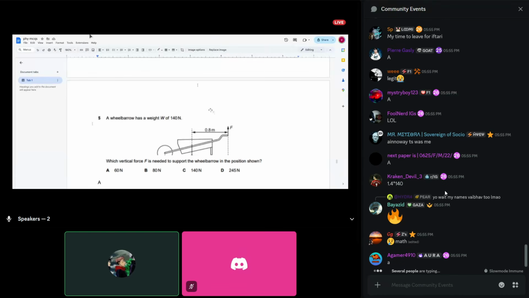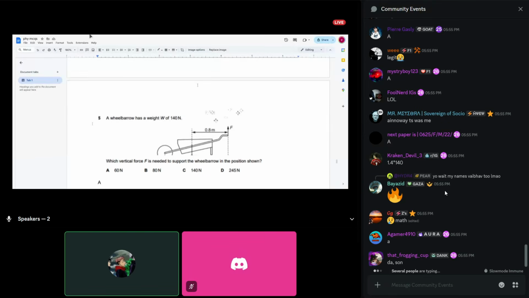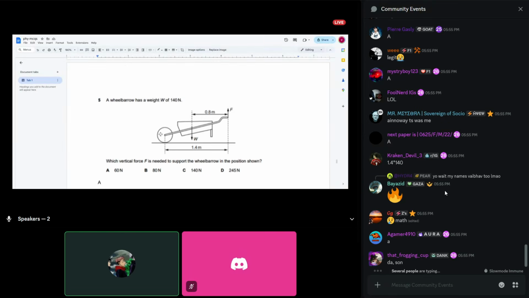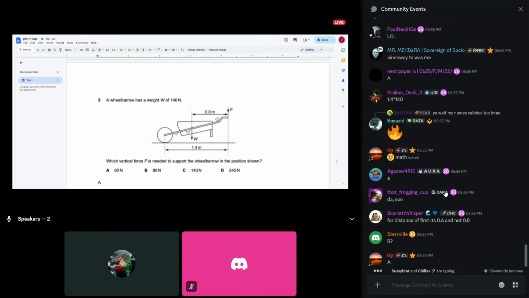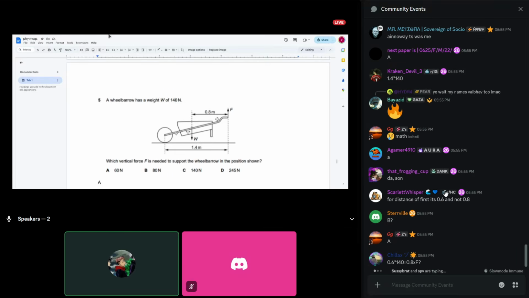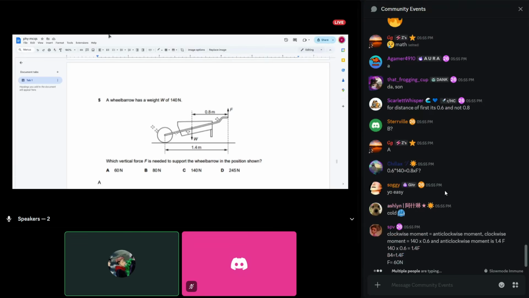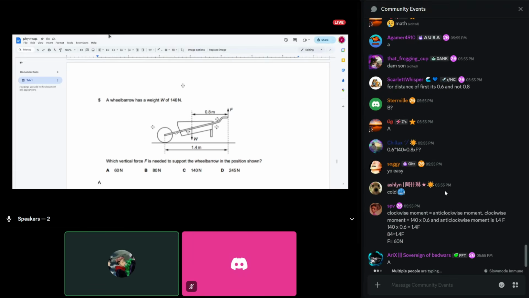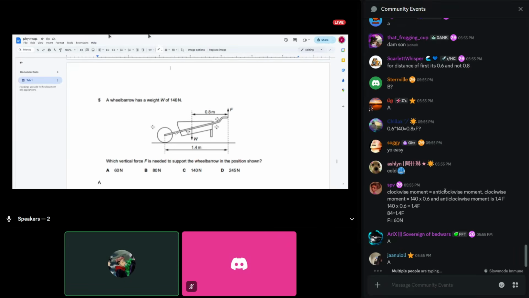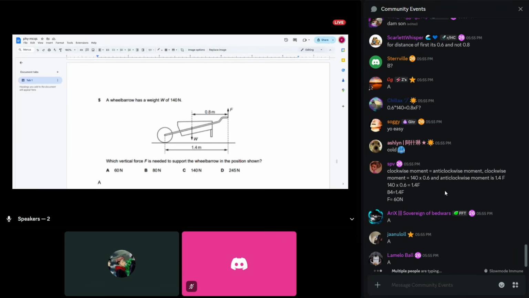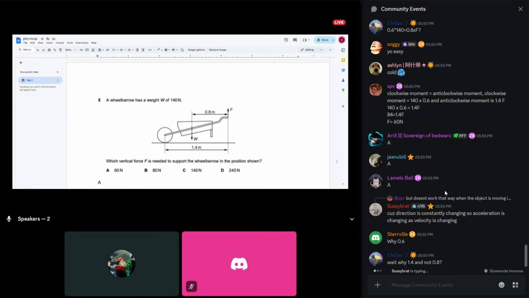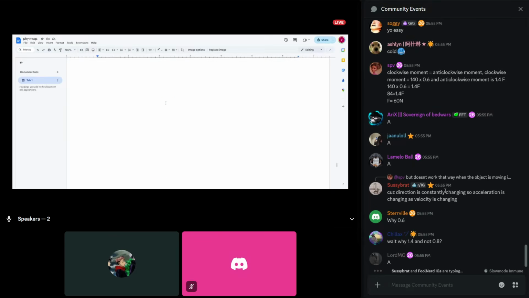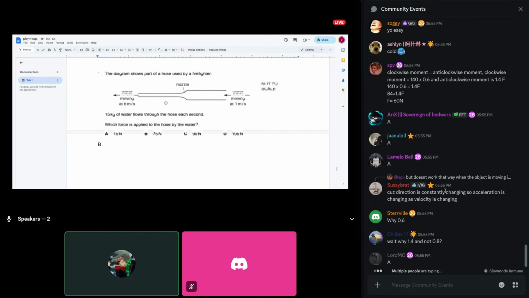Look, it says 0.8, but we are considering the pivot at the wheel. So 1.4 minus 0.8, over here 0.6. So 0.6 into 140 is equal to 1.4 into x. So x is 60. Yes, done. That's it. I'm going to continue.